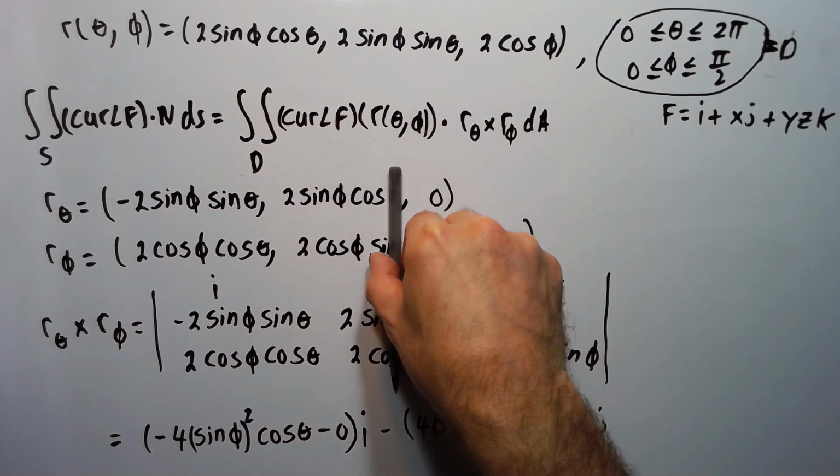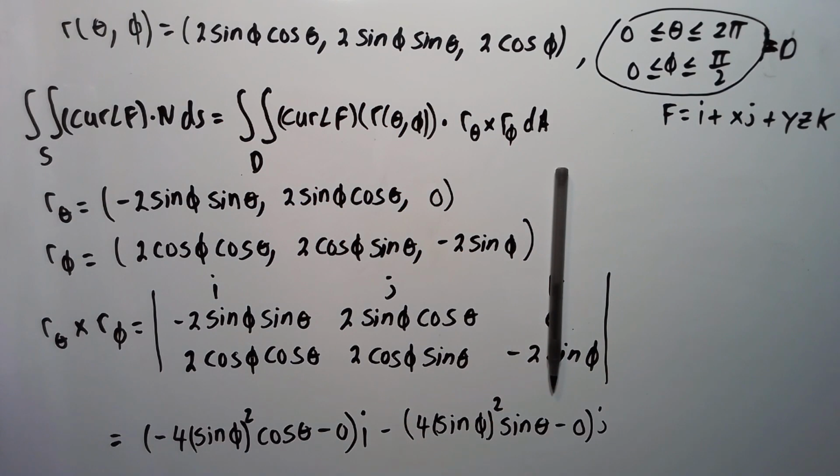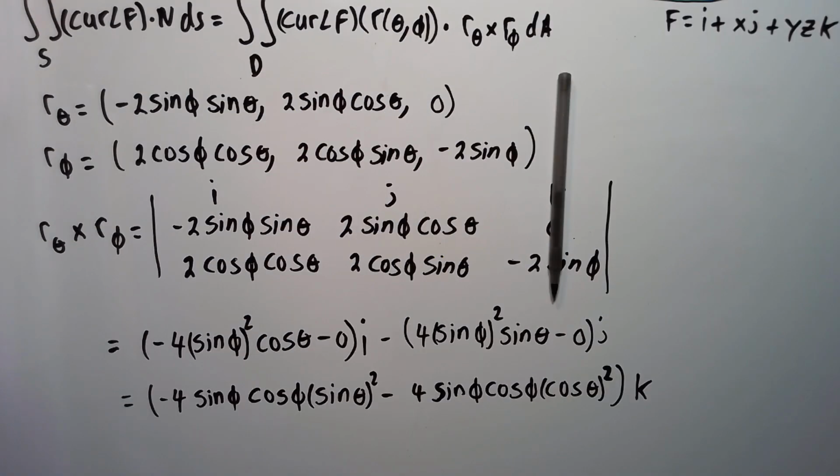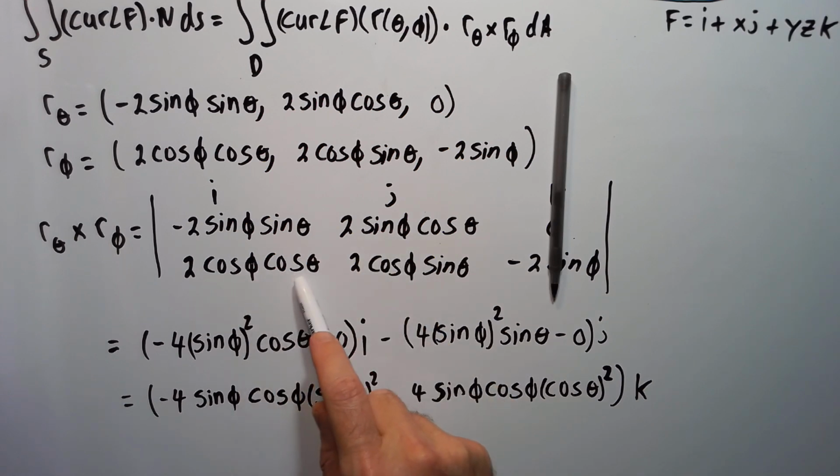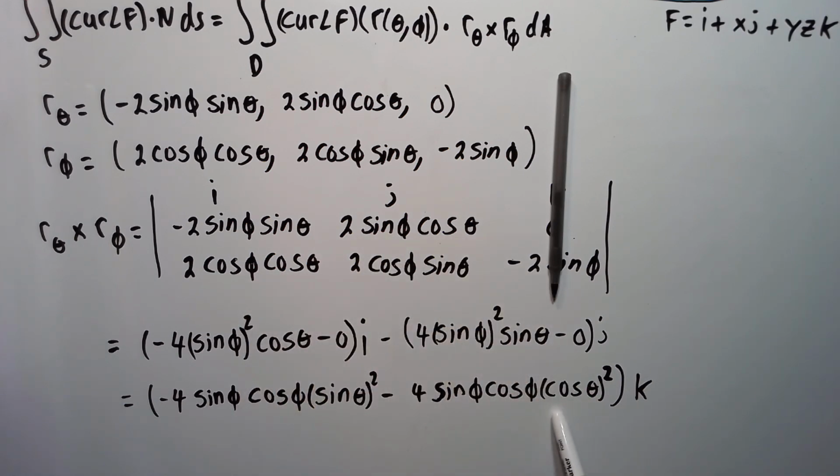So lastly, let's do the k one. So we get this: I went negative 2 times this will be negative 4, then sine phi cosine phi sine theta squared, and this minus this, so it'll be negative 4 sine phi cosine phi cosine theta squared. So notice they both have the negative 4 sine phi cosine phi.